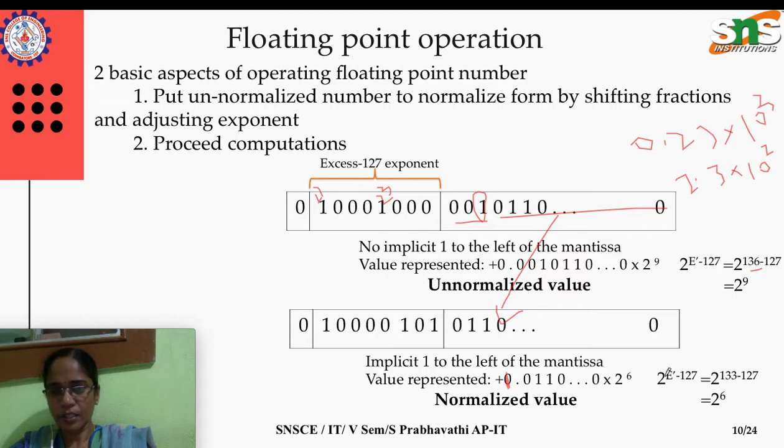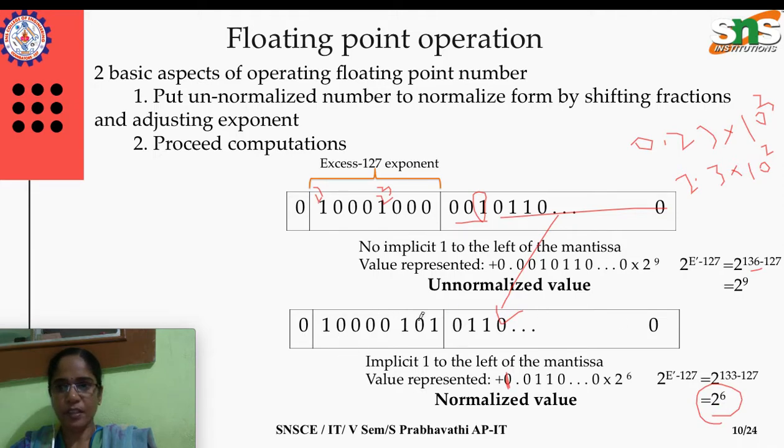So here the exponent is 133 minus 127. Now the final result after normalizing will be 2 power 6. Okay, so previously it was 2 power 9, and the exponent is now changed to 2 power 6.